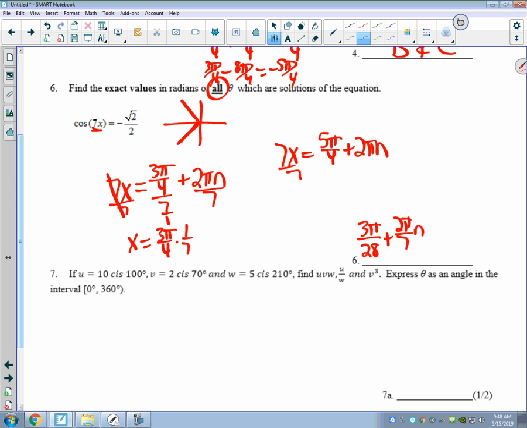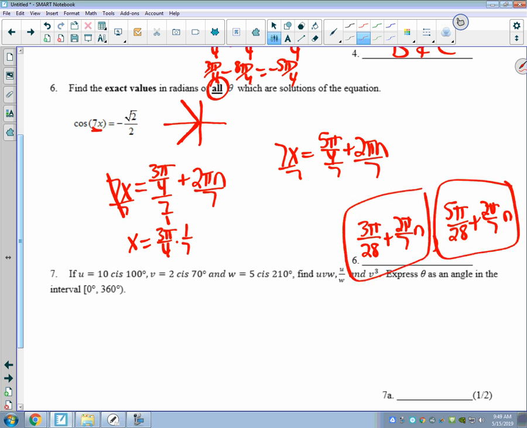And the same thing on this one, I'm going to divide by 7, and I would get 5 pi over 28 plus 2 pi sevenths n. And so remember to divide everything by that. And they're not going to ask you the question of, like, give me all the answers between 0 and 360, because that would be 14 answers. And we wouldn't want to do that.